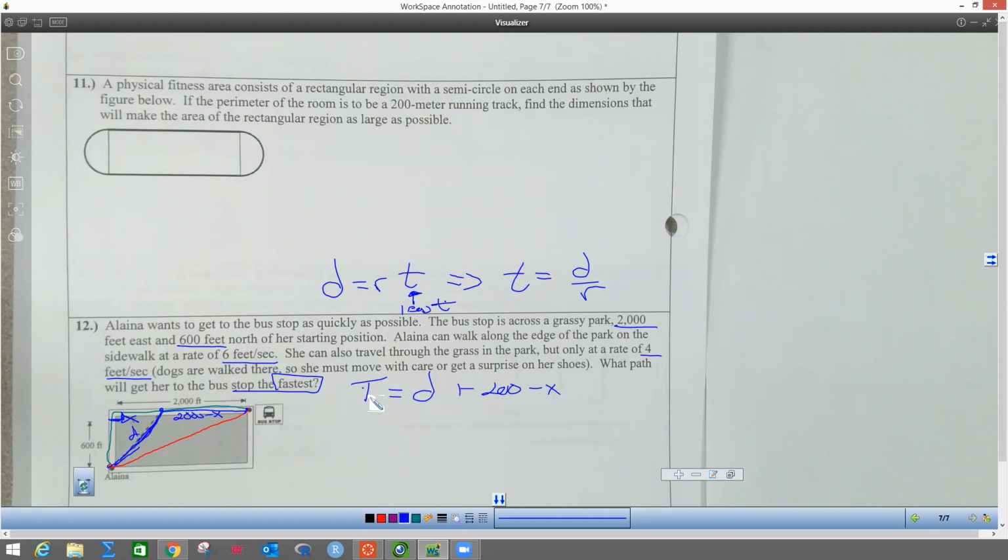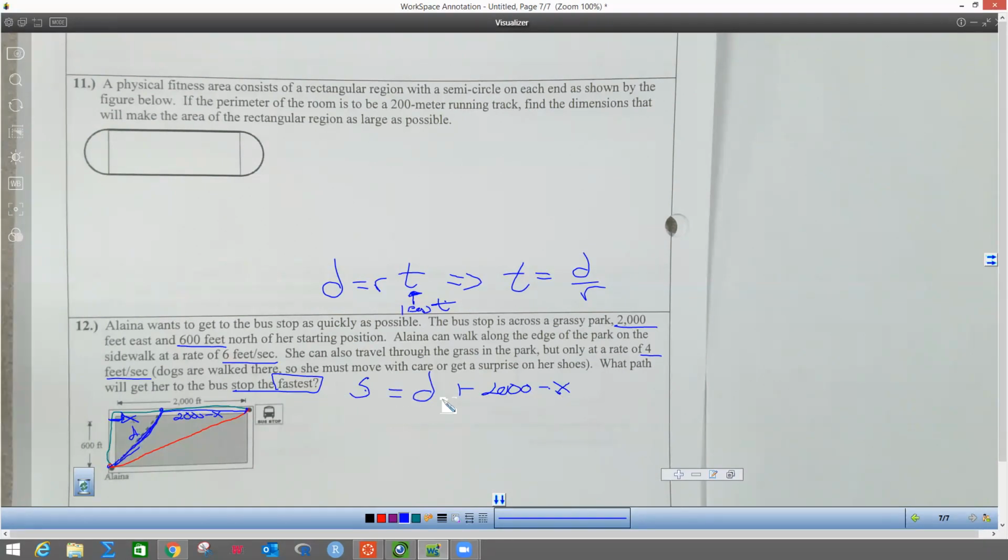Maybe I shouldn't put t because that might screw us up for time. We'll put s for the sum of the distance cutting across, d plus 2,000 minus x. So this is the sum of her total distance right here, okay?